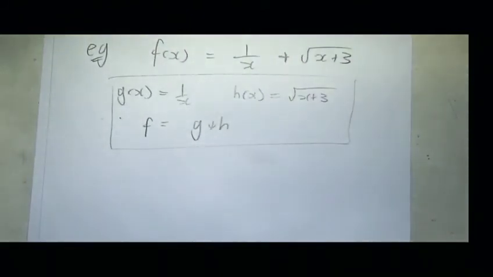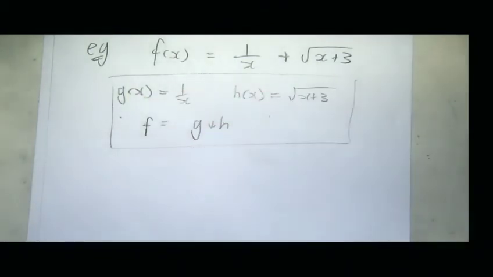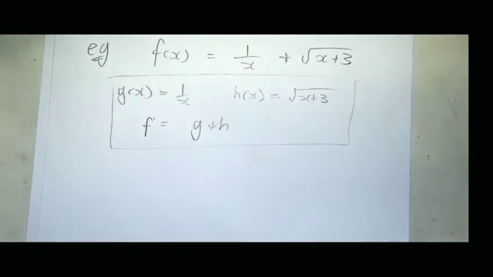So, in order for f to be defined, both 1 over x and root x plus 3 have to be defined separately. So g has to be defined and h has to be defined, and it won't work unless they're both defined simultaneously. So you get the domain for g and the domain for h, and you have to find the places where they're both satisfied, which is an intersection.